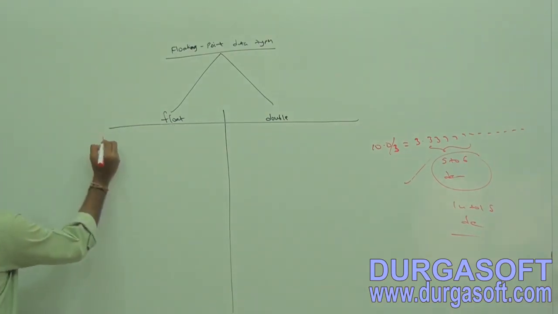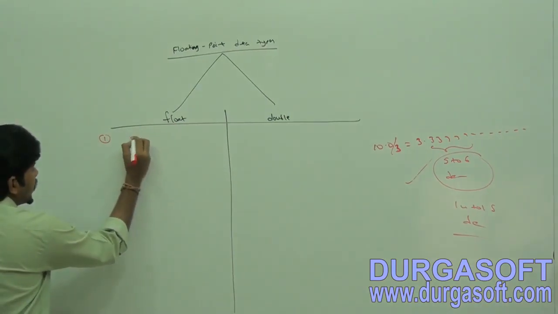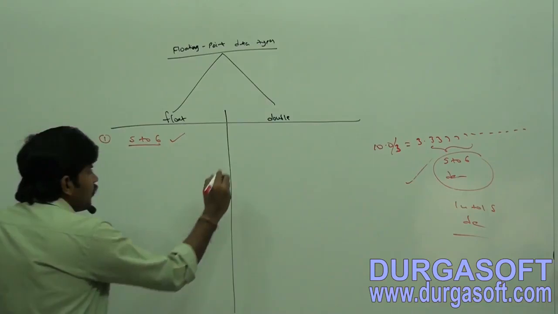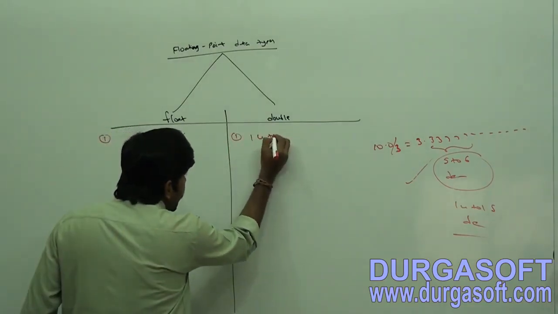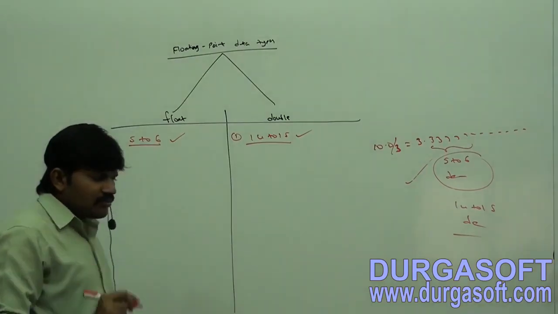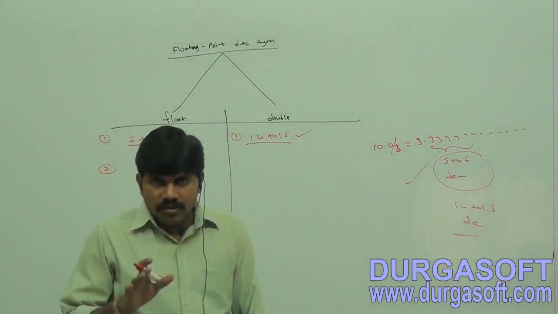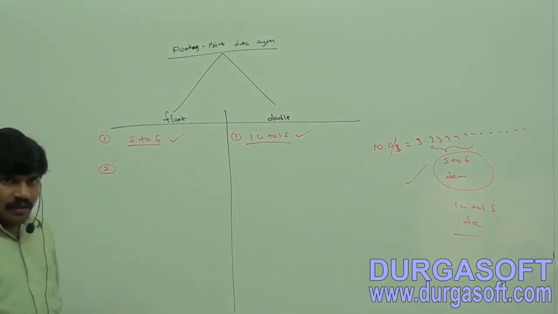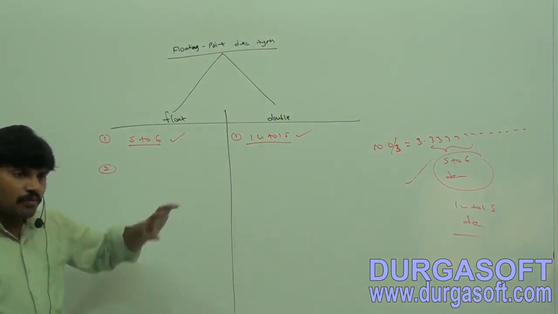Float is less accuracy, double is more accuracy, right?